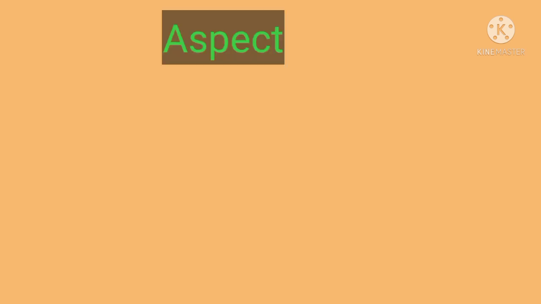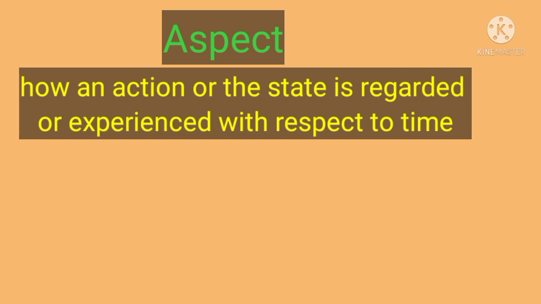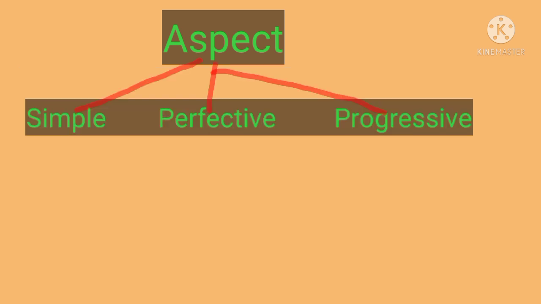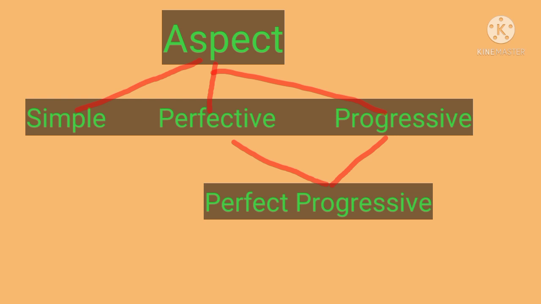Aspect refers to how an action or state is regarded or experienced with respect to time. Apart from the simple aspect of expression, English has two aspectual contrasts, perfective and progressive, and sometimes both.